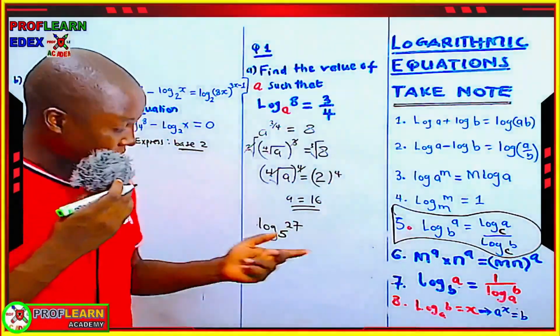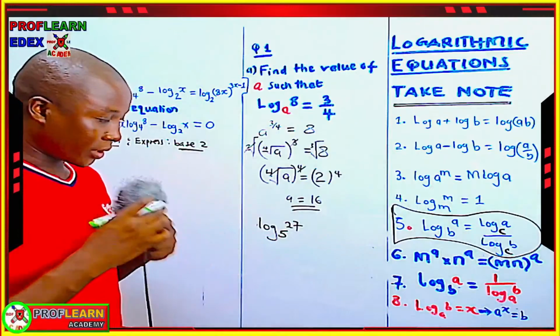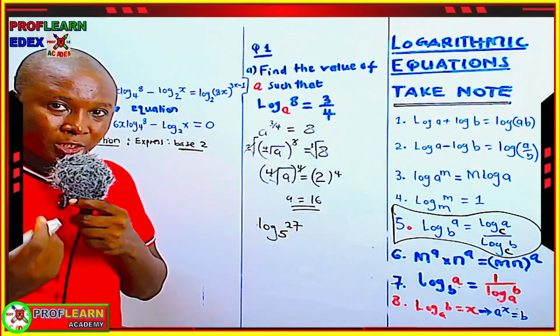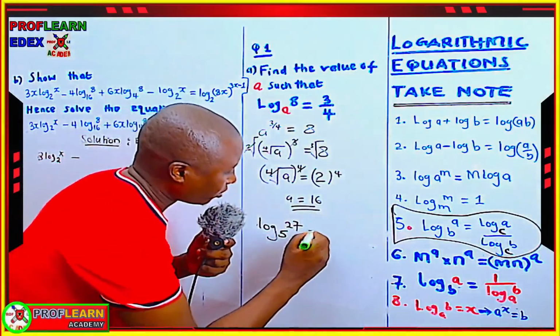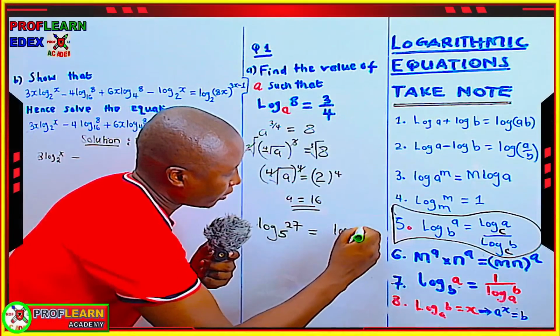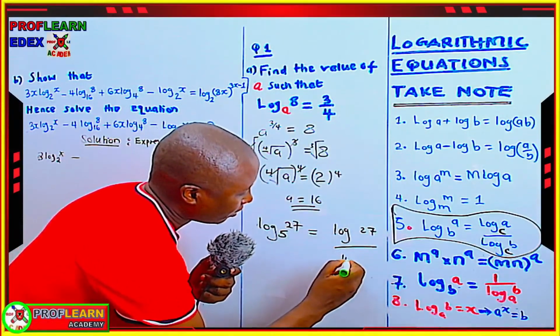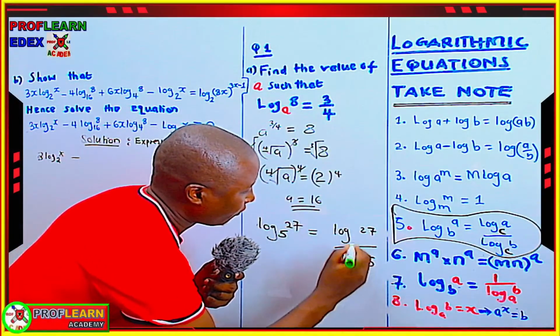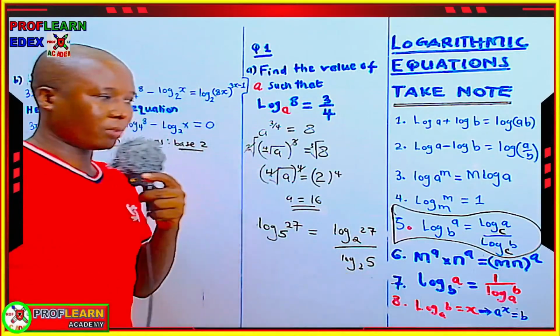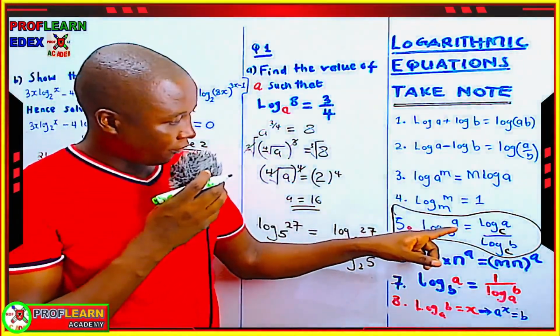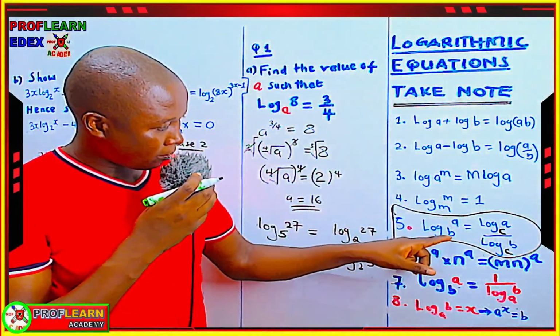If you have log a base b and you want it to have a base of c, you are going to say log a over log b, then you write the base c that you want. That is basically what we are going to do in question b. In order to express it in this format, we have to do that.